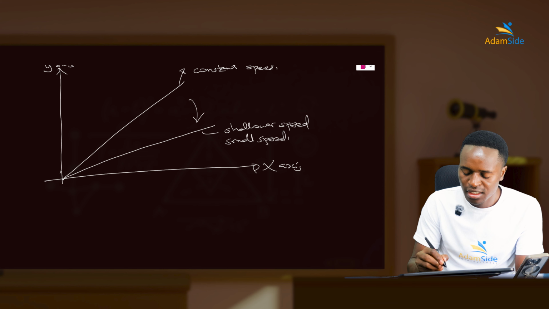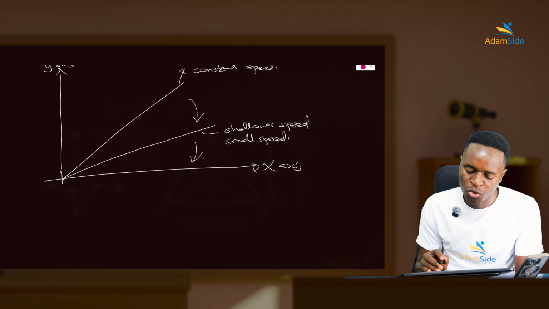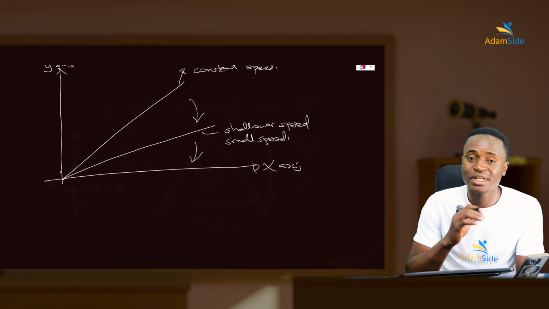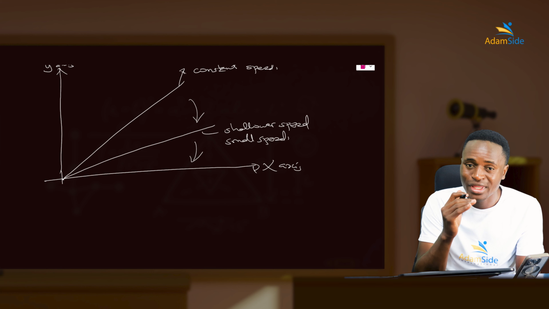Anything towards the x-axis means you are covering a short distance in more time, and if you cover a short distance in longer time, your speed is very slow. An object that moves fast has to cover a larger distance in less time.